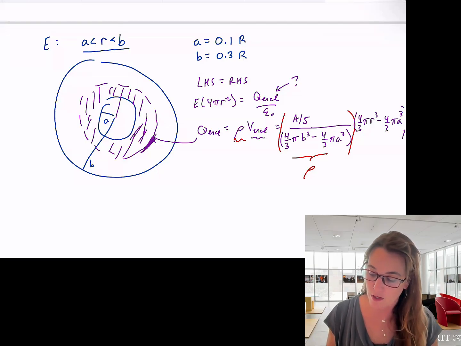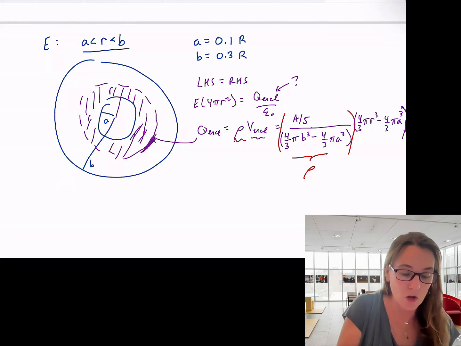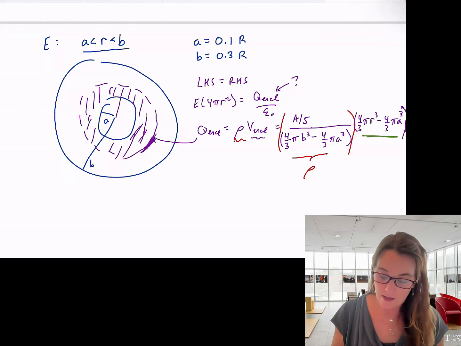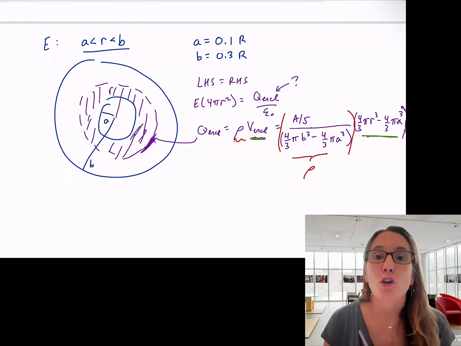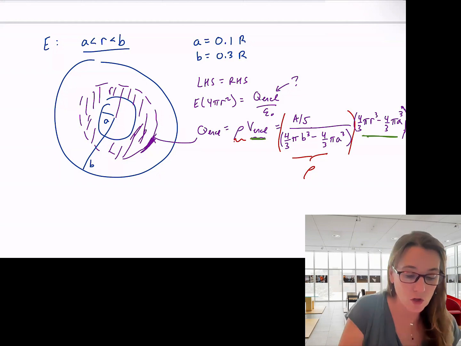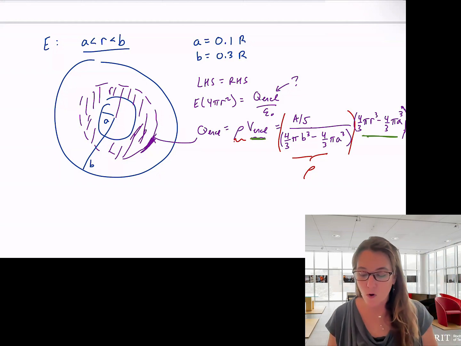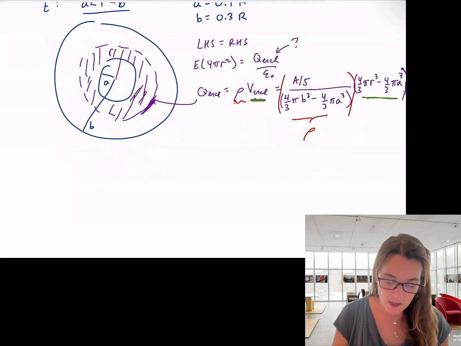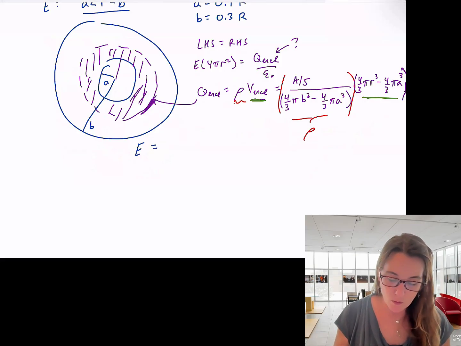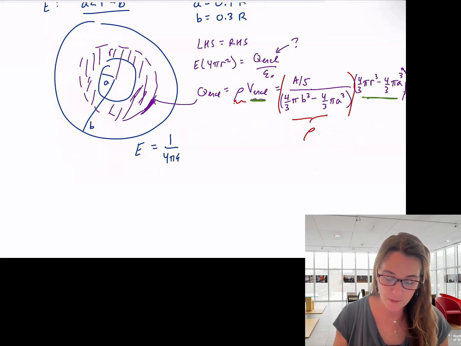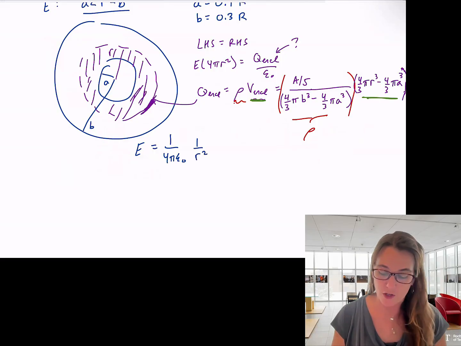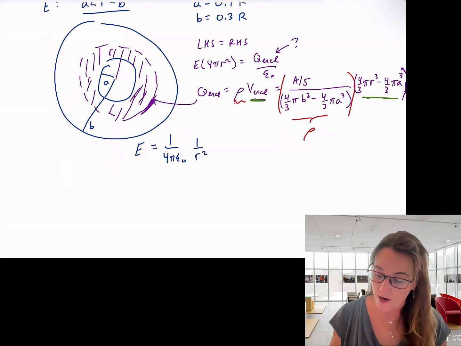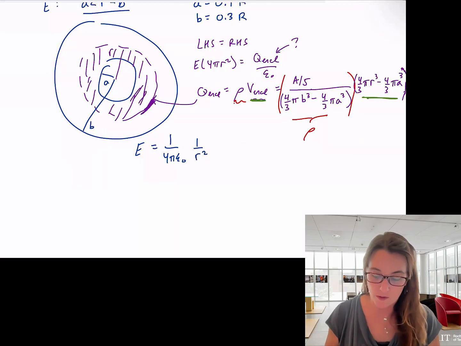So that's going to be my volume enclosed in that area. So those combined give me my Q enclosed, so I can write out the somewhat messy result as E equals 1 over 4 pi epsilon naught, and I'll keep that 1 over r squared here as well while I write out this messier result.